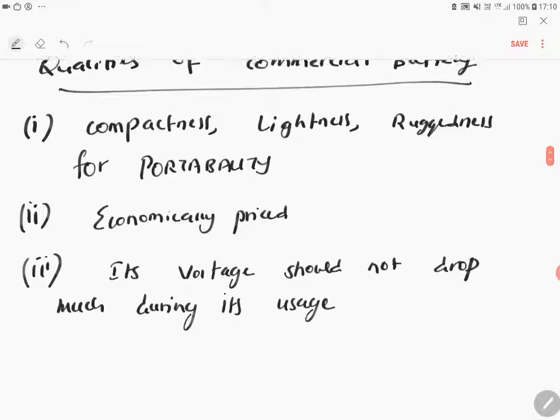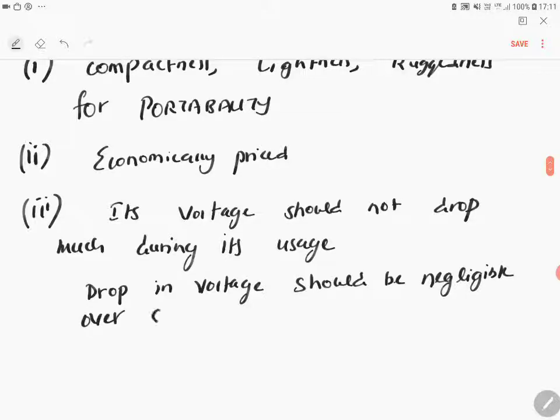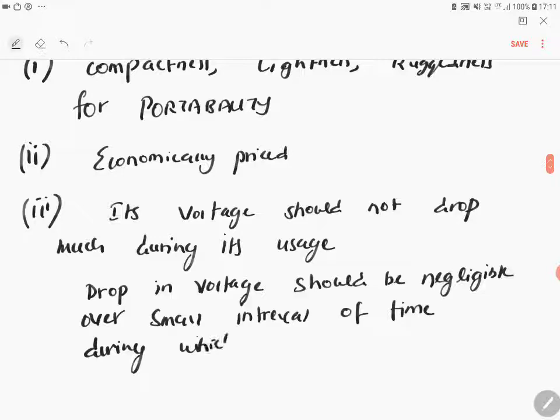That means what I can say is drop in the voltage should be negligible over small interval of time, during which it is being put to use.